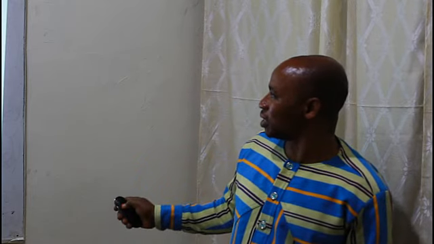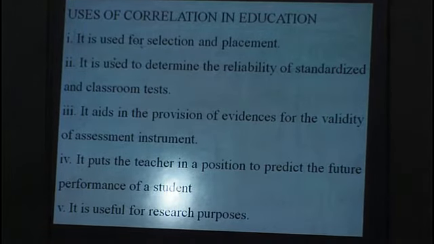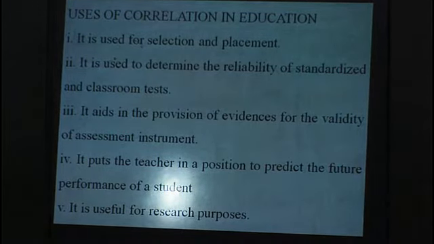Then it is used to determine the reliability of standardized and classroom tests. Now when we say reliability, it's the consistency of the existence of something or the occurrence of something.